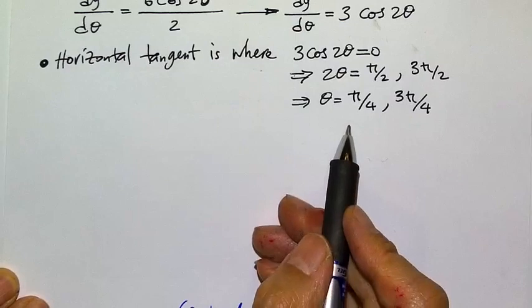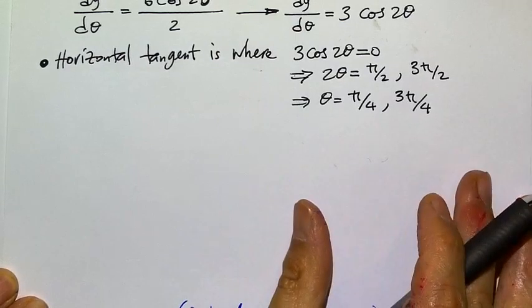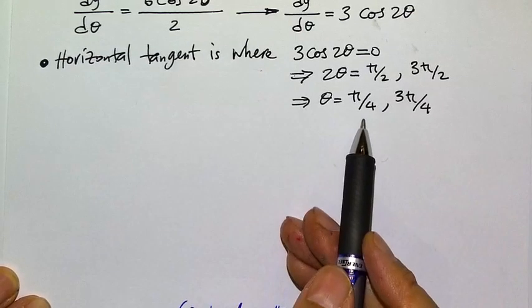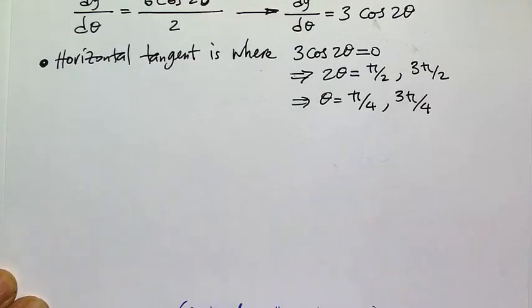So that's for theta, but we want the points on the curve where we have horizontal tangents. So we need to calculate that.